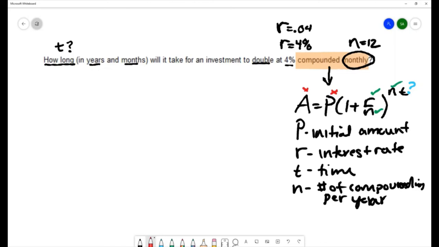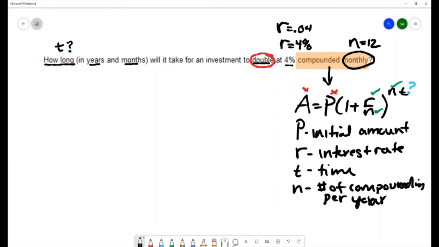However, this information right here, which describes the investment doubling, does not give us a value for A and P, but it does give us a relationship between those two.